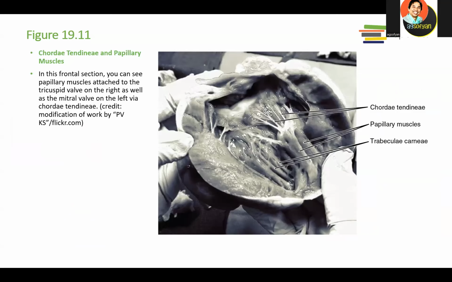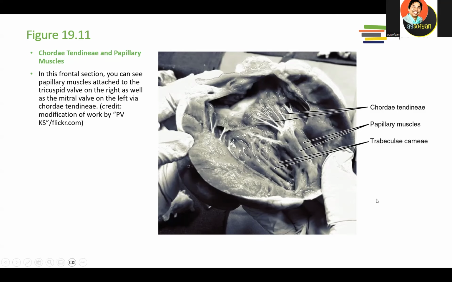Okay, last time we stopped here. We already talked about the locations of the heart, the size of the heart, and also the pericardium, the sac of the heart, the chambers of the heart, which has four chambers, two atria on the top and two ventricles at the bottom.